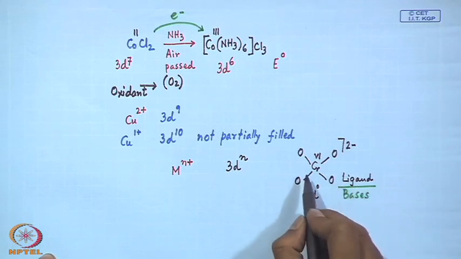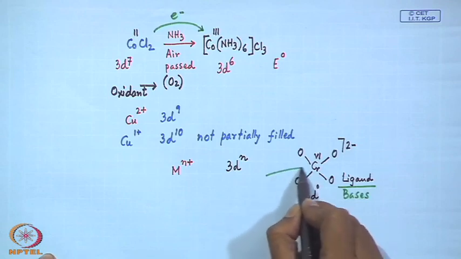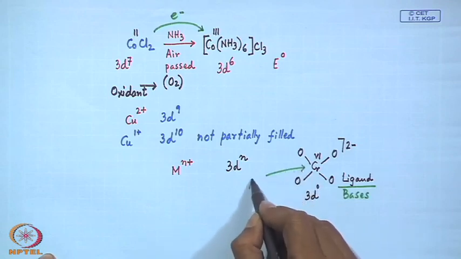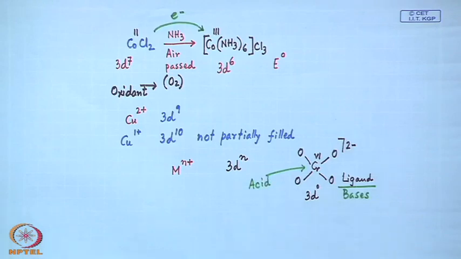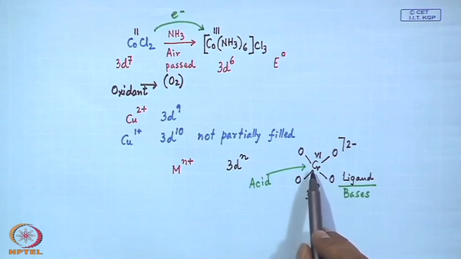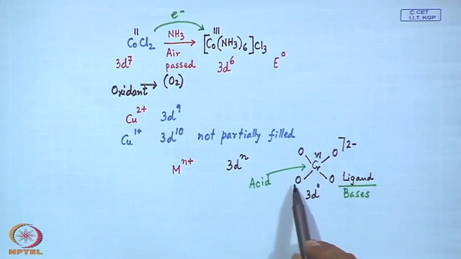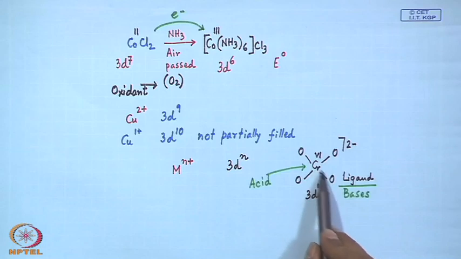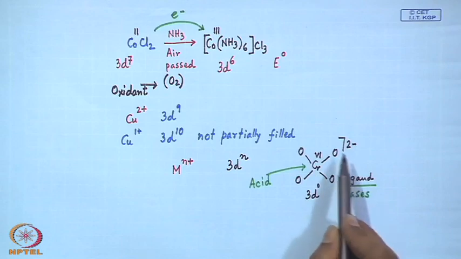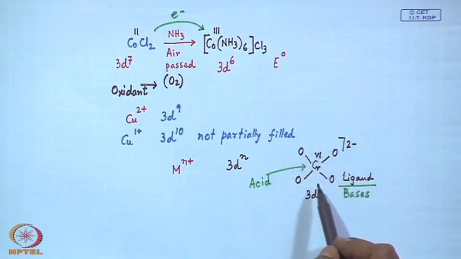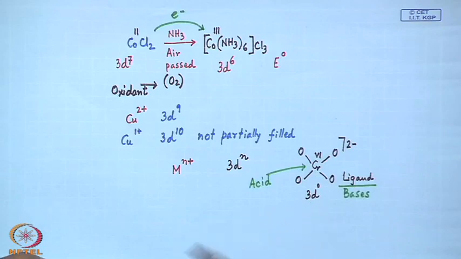So, they put electron density to the corresponding acidic center. The metal ion center is acidic in nature, and the bases will push the electron density to the center, and as a result we have the strong chromium oxygen bond, and these particular bonds can stabilize these particular species. So, all these oxo anions are therefore stabilized in this particular fashion.